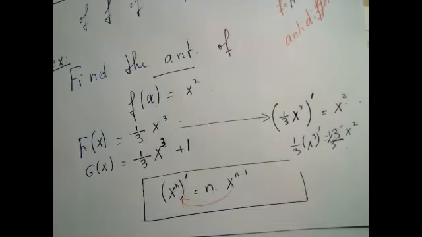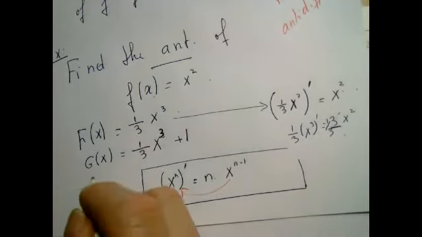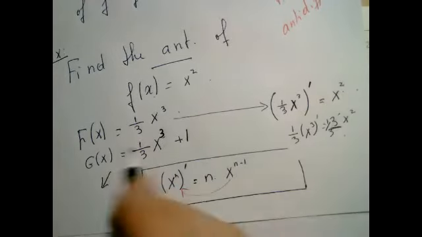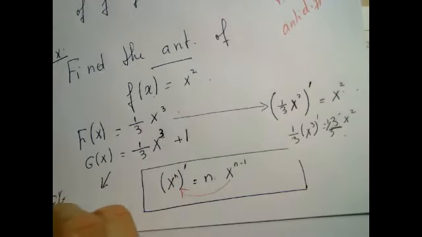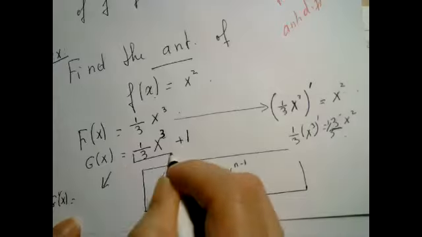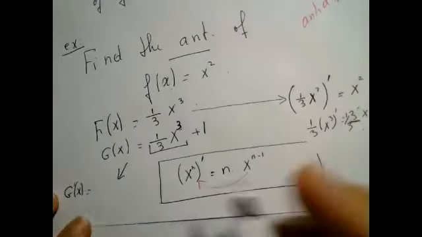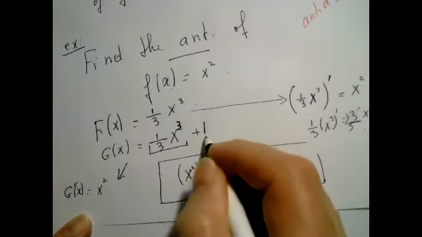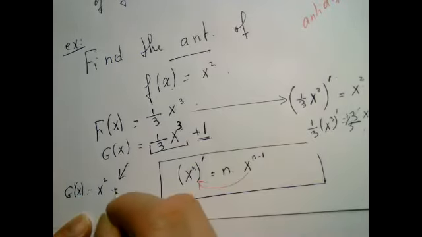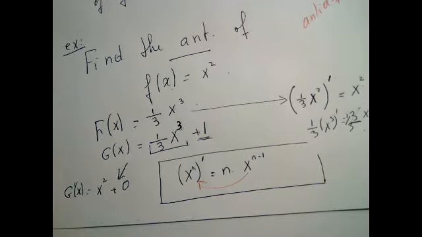1/3 x cubed plus 1. That's also another antiderivative, because if I take this function g and differentiate g, what do I get? The derivative of 1/3 x cubed, we just figured out, is x squared. And plus 1 is a constant, so the derivative is 0. So the derivative is x squared.